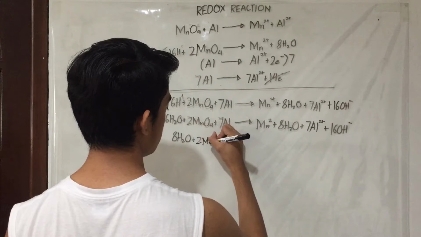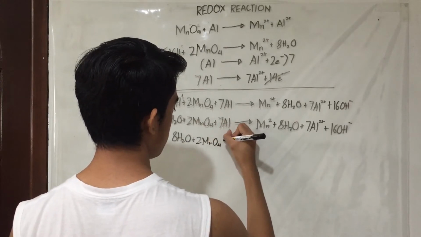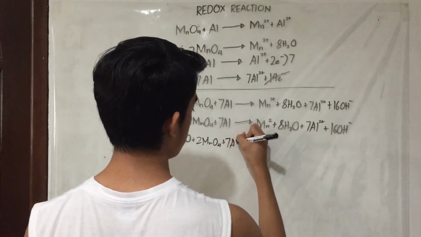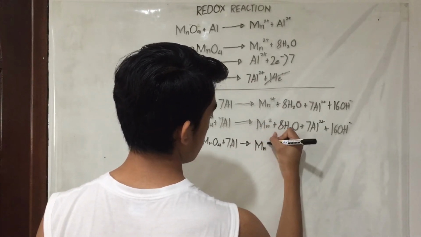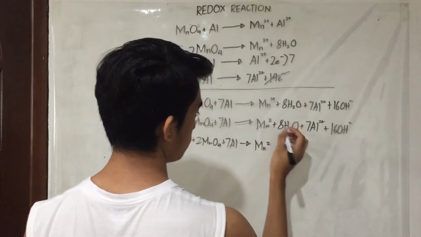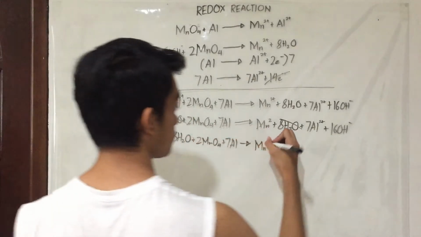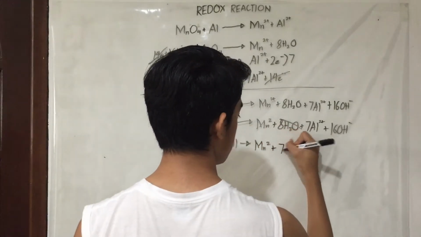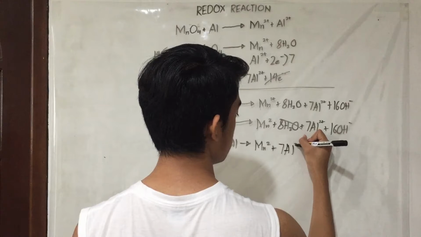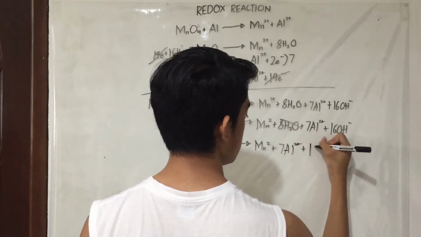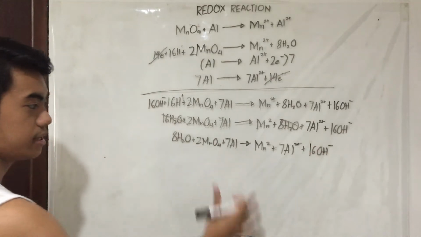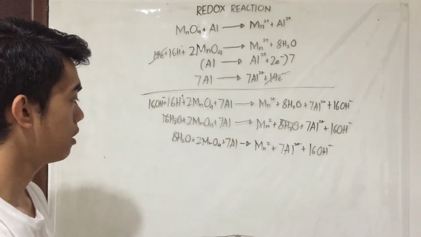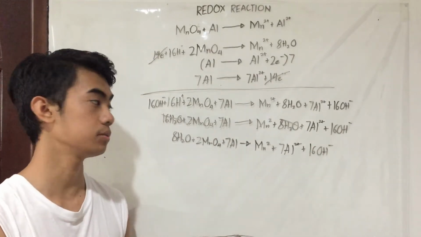And then copy the rest of the equation except this one because you already cancelled it. Plus 7 aluminum plus 16OH. And that is your final answer. This is now a basic solution.